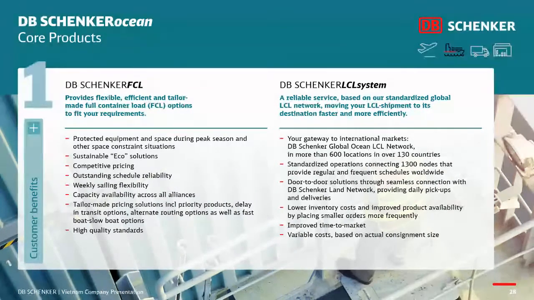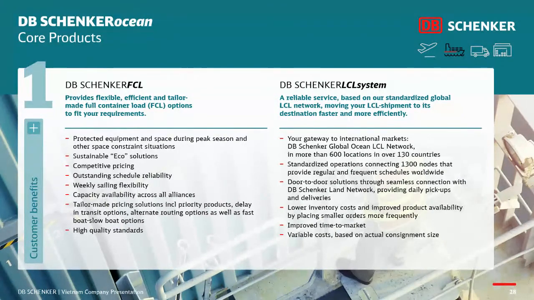I don't want to go into the details, just tell you briefly that for full container loading, of course, again I repeat, Schenker is a freight forwarder. We don't own any vessel. So what we do, the same as air freight, is buy space from the shipping line and sell to customers, right? So if the customer has enough cargo to stuff a full container, okay, we provide full container loading service.